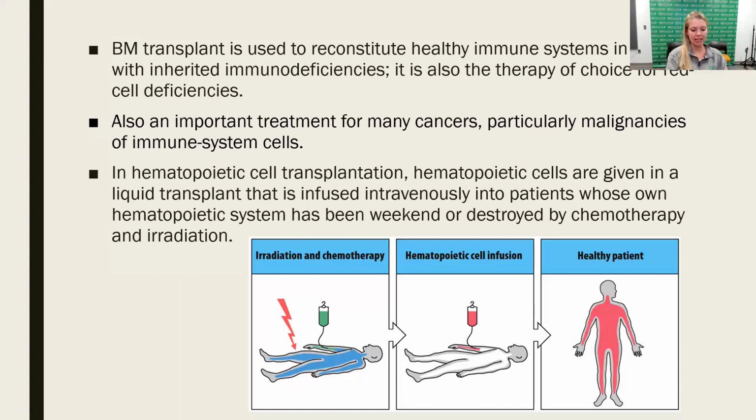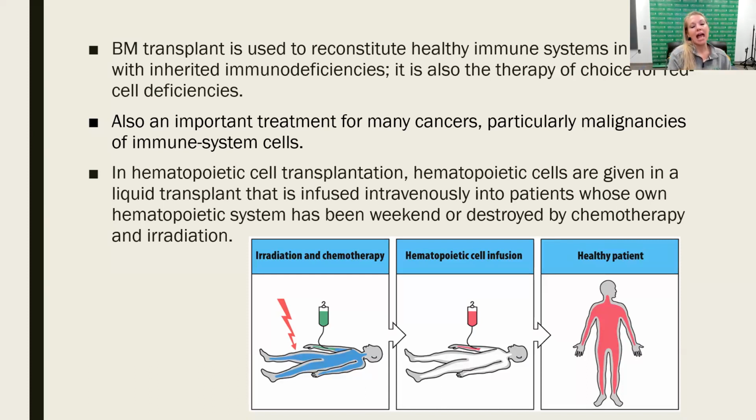Blood cancers are usually going to be cured with a bone marrow transplant. In a bone marrow transplant, those hematopoietic stem cells, those pluripotent cells that can become any type of blood cell, are given through IV.